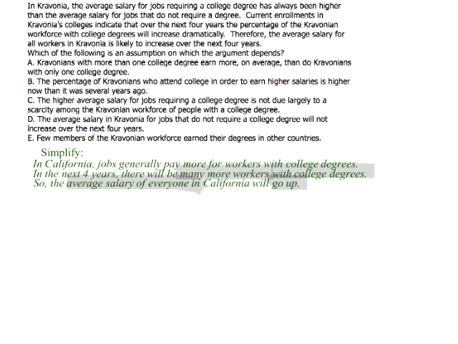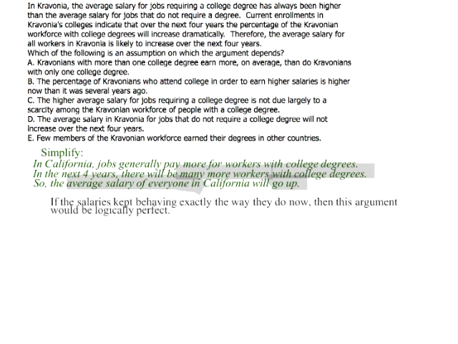If the salaries kept behaving exactly the way they do now, then this argument would be logically perfect. There would be no possible objection to it. You have more people that get paid more, so yeah, average salary increases.